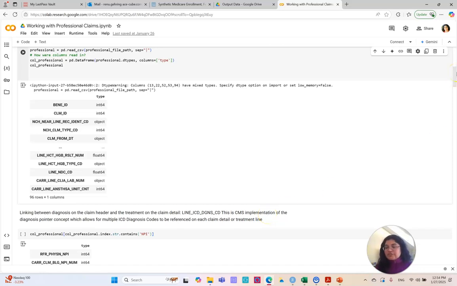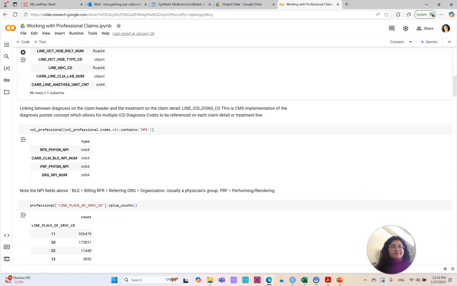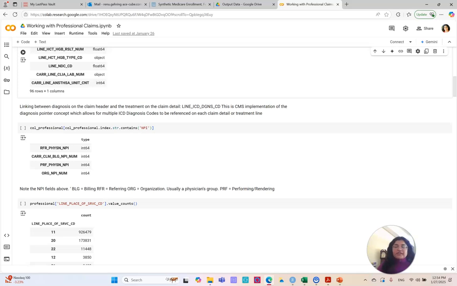And your data warehouse may have a different implementation of this. I was curious to figure out what fields have the keywords NPI. So here I have a referring provider, I have a billing provider, I have a performing provider, I have an org provider. So here I've noted down what all of this is.